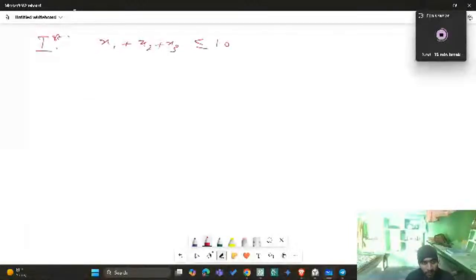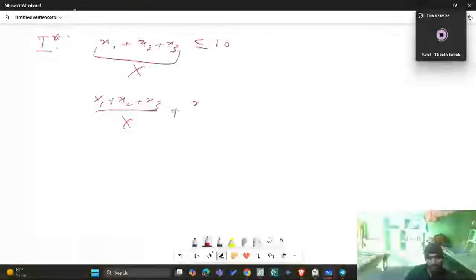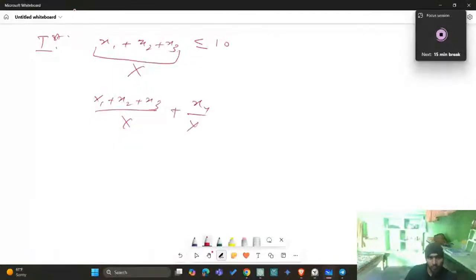To solve these types of problems, we need to consider one more variable. Let's say x1 plus x2 plus x3 is x, and we add some x4, which is y. So x plus y equals 10. When x is 0, y is 10.